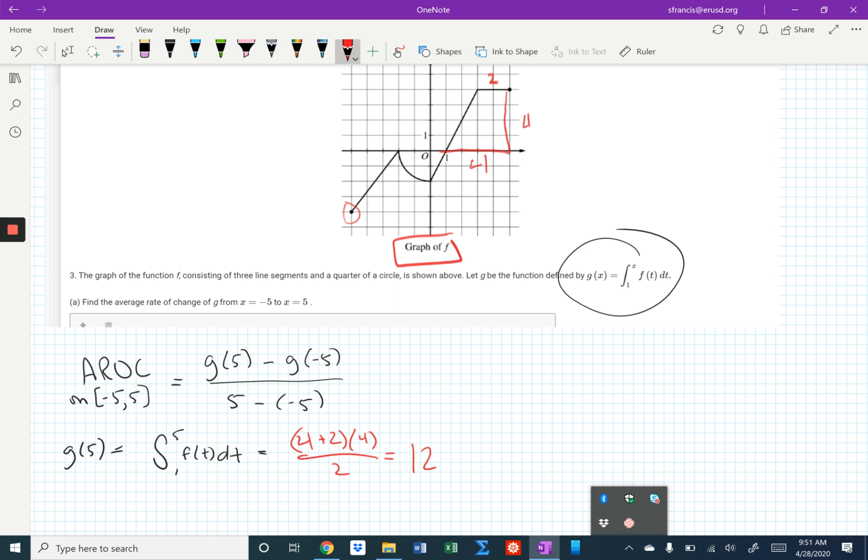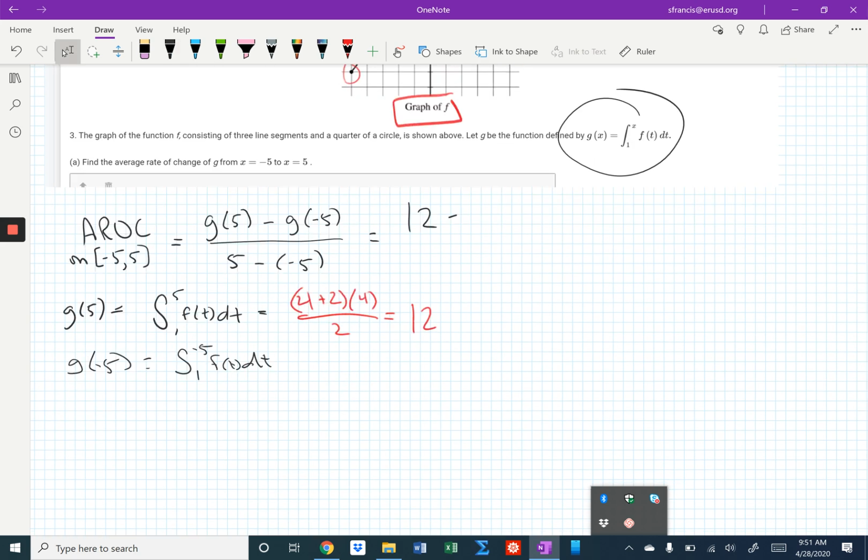All right, so we know this is going to be 12 minus, and then we have to figure out what g of -5 is. g of -5 is going to be the integral from 1 to -5 of f of t dt. This is how they layer things in on the AP exam to see how well you understand multiple concepts in one question.